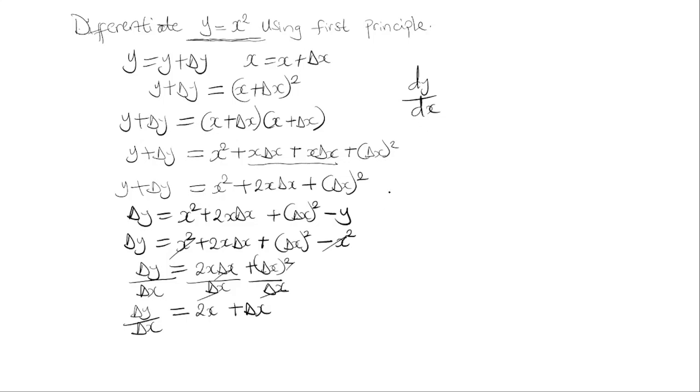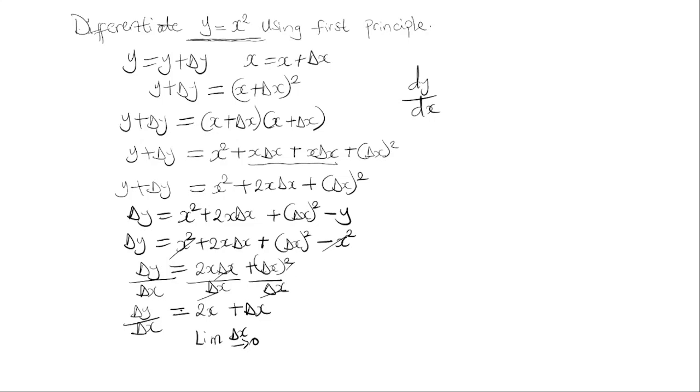So how do we turn our delta y over delta x to dy dx? Let us take the limit of this. We'll be having limit of delta x as this tends to what? This tends to 0. So anywhere you see delta x, turn it to 0.